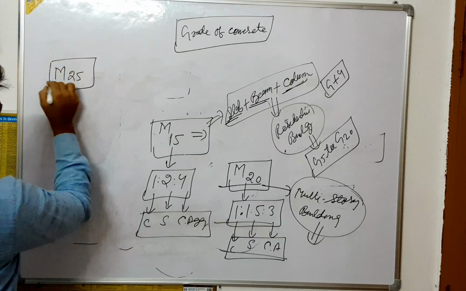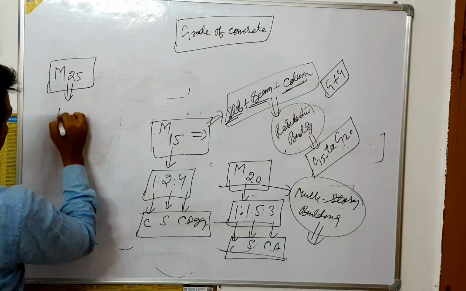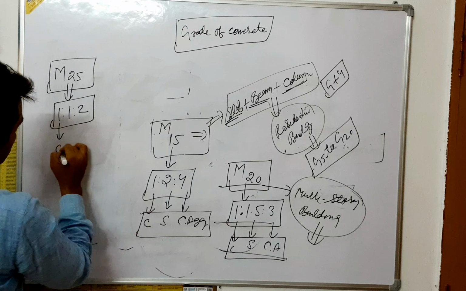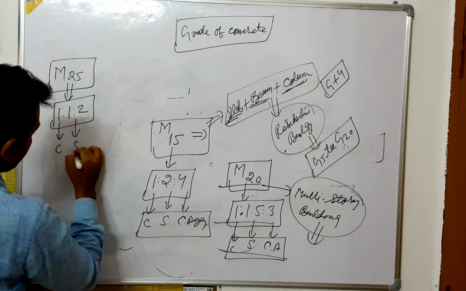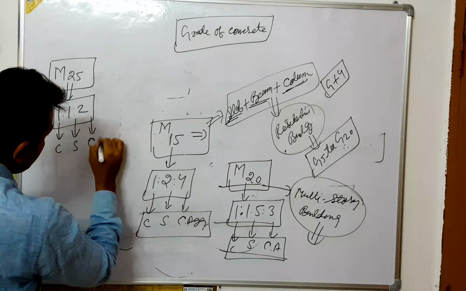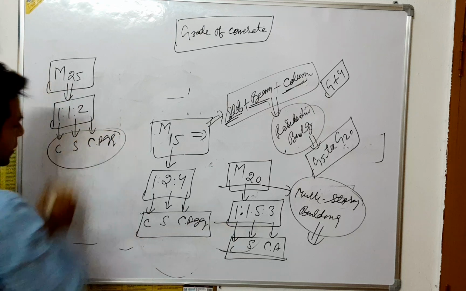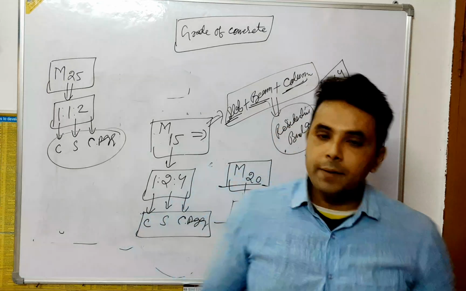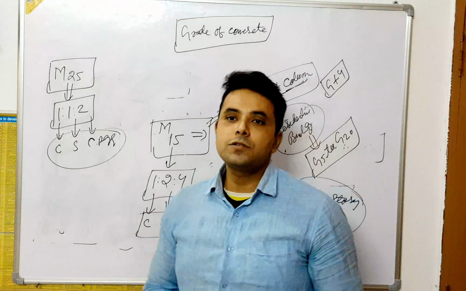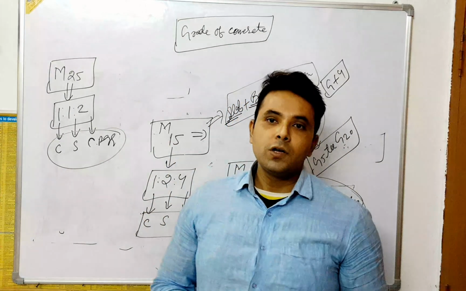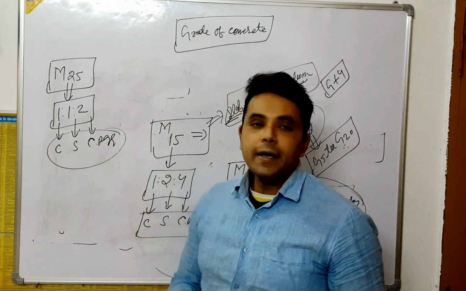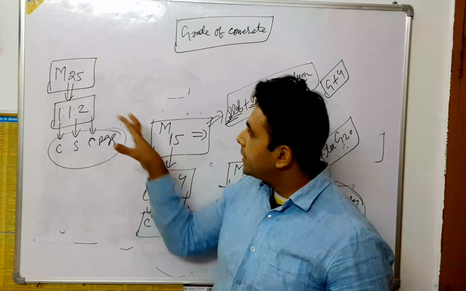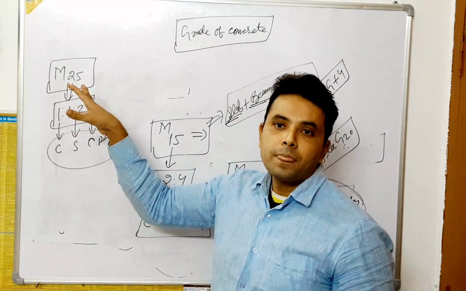The proportion of M25 grade of concrete is 1:1:2, meaning 1 bag cement, 1 bag sand and 2 bag coarse aggregate. Where can we use M25 grade of concrete? We can use it in the construction of a dam. Suppose you are going to construct a dam or piling, in that case we can use M25 grade of concrete.